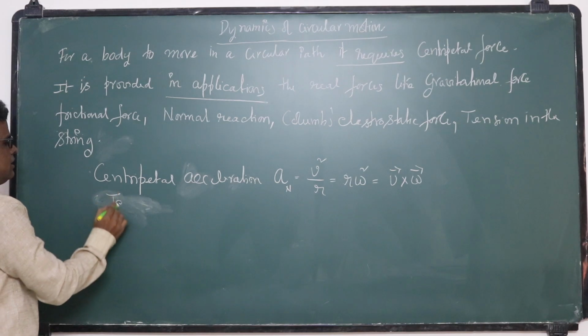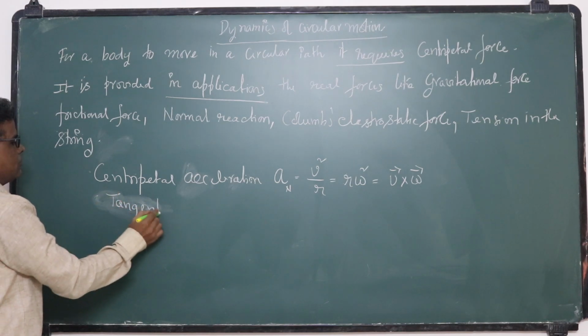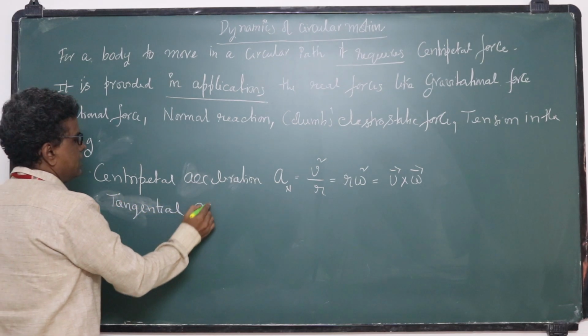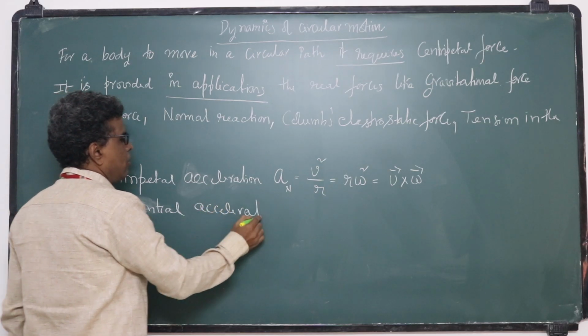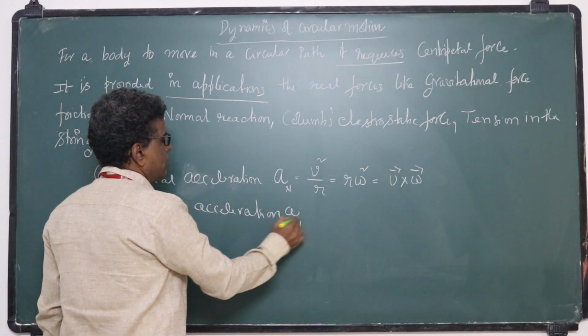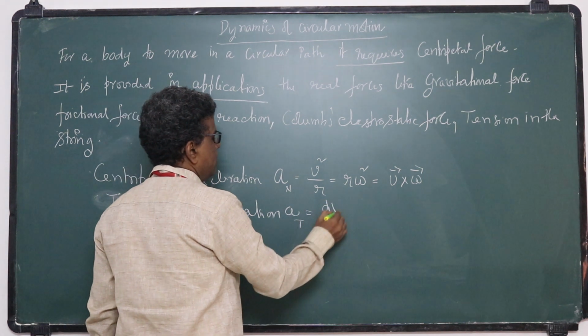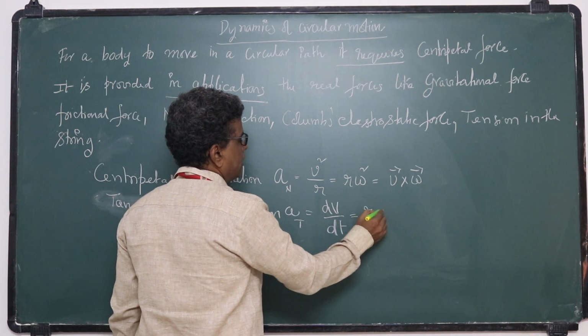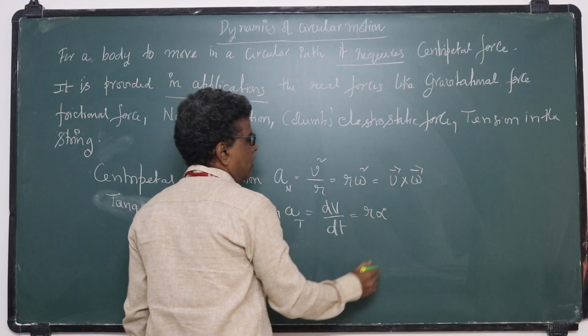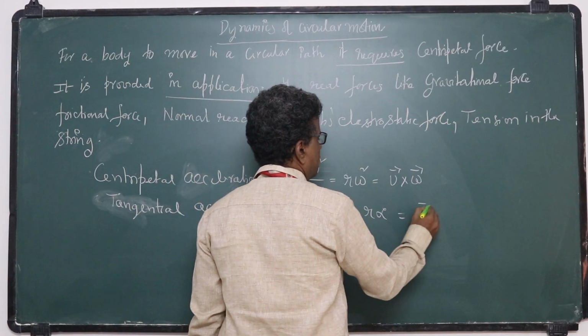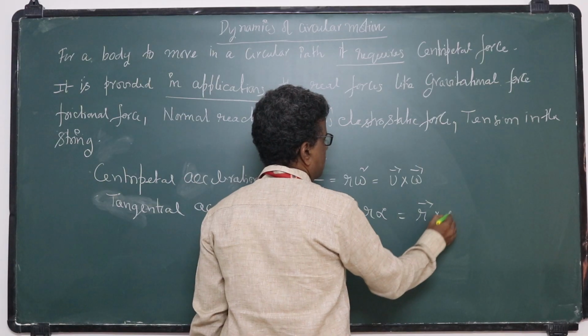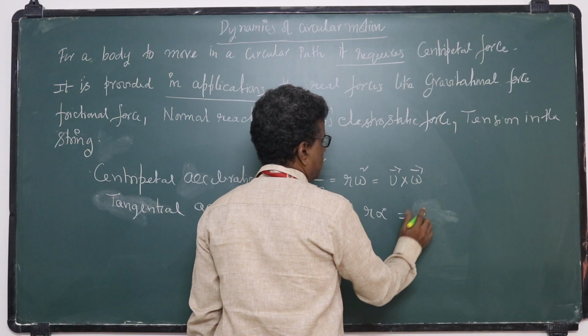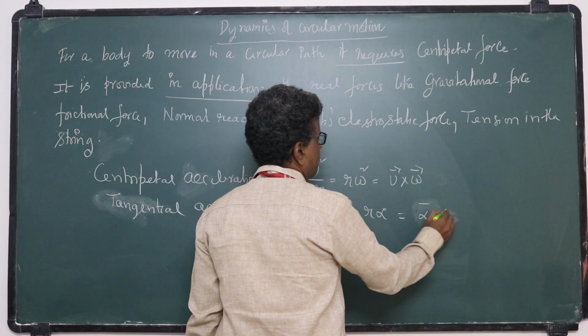tangential acceleration we have in non-uniform circular motion: at is equal to dv by dt, or we have r times alpha, or r bar cross alpha bar, alpha cross r bar.